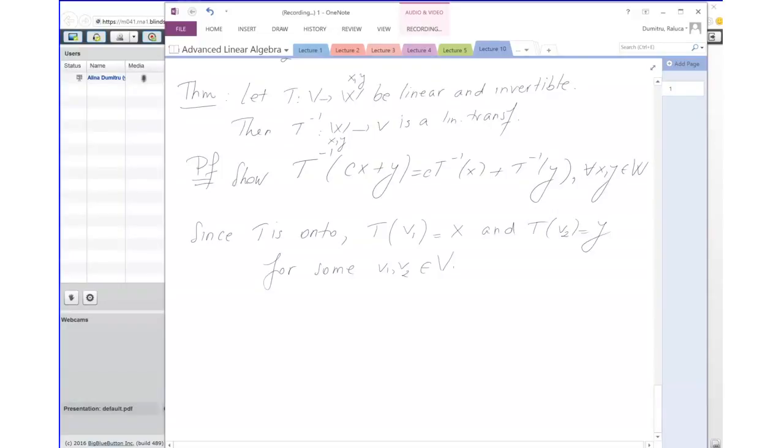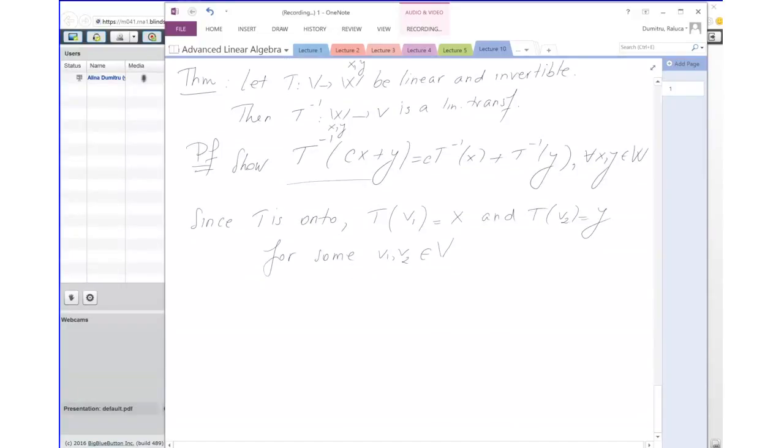Okay, so let me put that back into the left side of the identity we need to show. We're looking at T inverse of cx plus y. And x we said is T of v1 and y is T of v2.